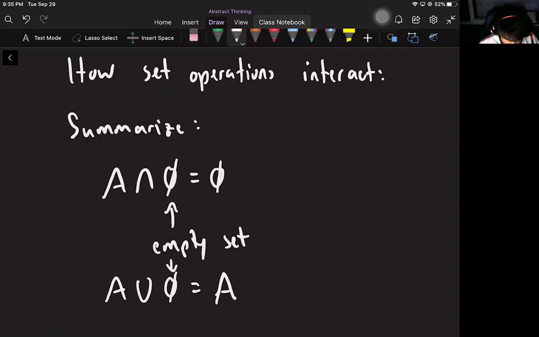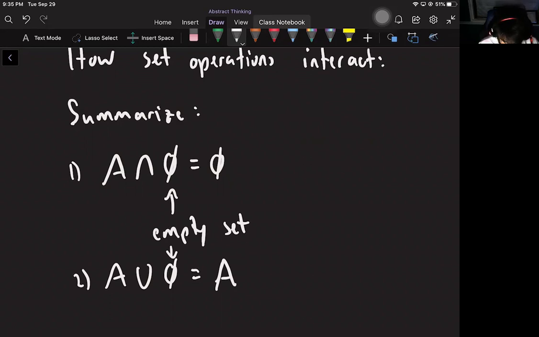So let's think about, first of all, why these are both true and what they're really saying. So the first one is saying, I guess I'll number them, that the intersection of a set with the empty set is just the empty set. That makes sense because what does a set and a set with nothing in it have in common? Well, they must have nothing in common. So their intersection is just the empty set.